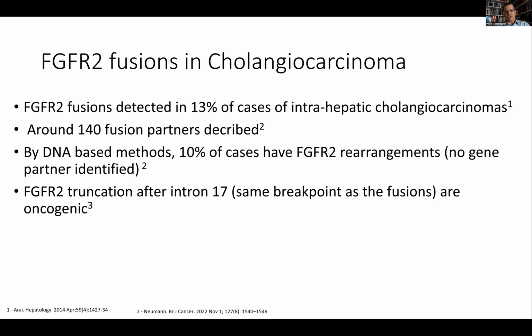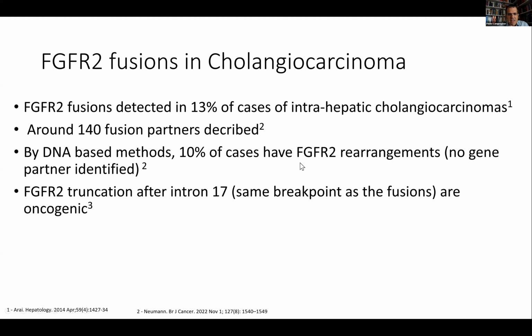And what caught my attention, and made me a little uncomfortable, is that when we look at the events that are considered oncogenic, about 10% of the cases had what they call FGFR2 rearrangements, right? These approvals had as an assay the Foundation One assay, which uses a hybrid capture DNA-based assay, different from Foundation Heme, where they study RNA.